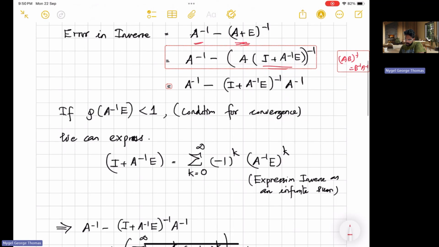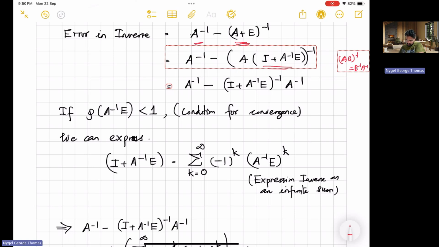Fine. Then we have already seen that if a matrix converges, then we can express its inverse as an infinite sum.